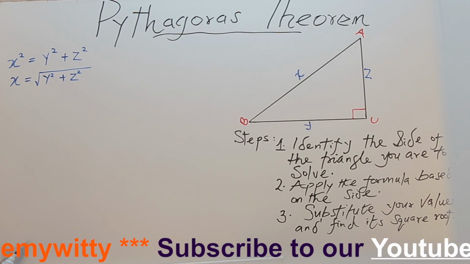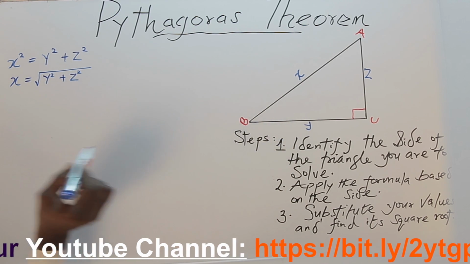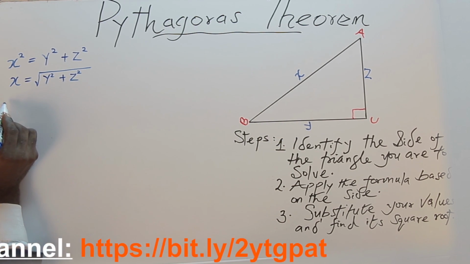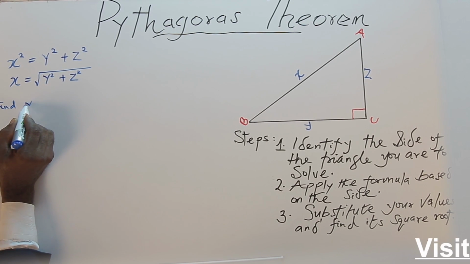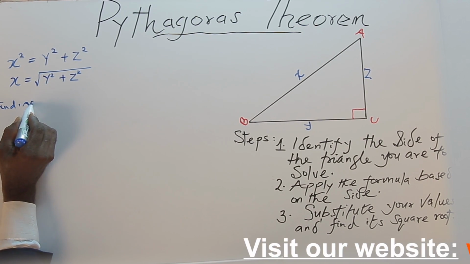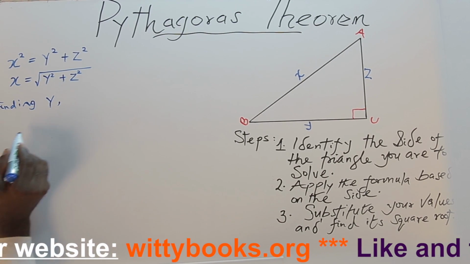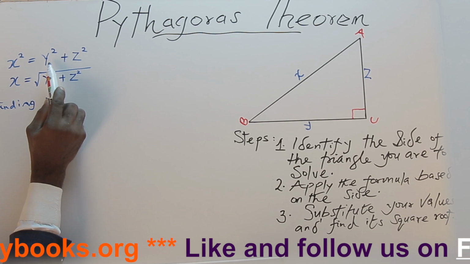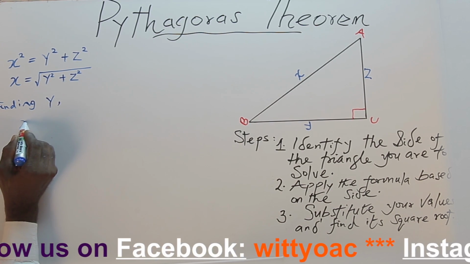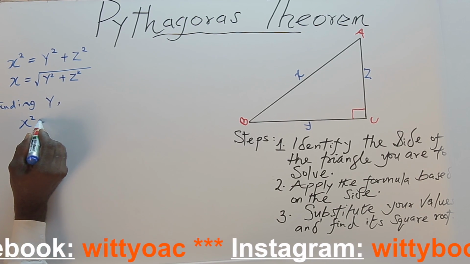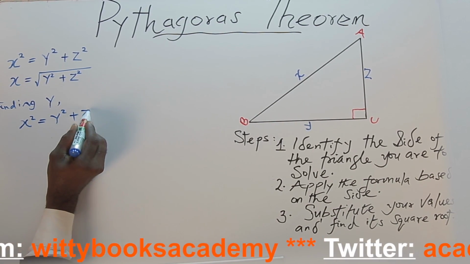If we are required to find the Y, we will simply make Y the subject of the formula. To do that, we'll recall that X squared equals Y squared plus Z squared.